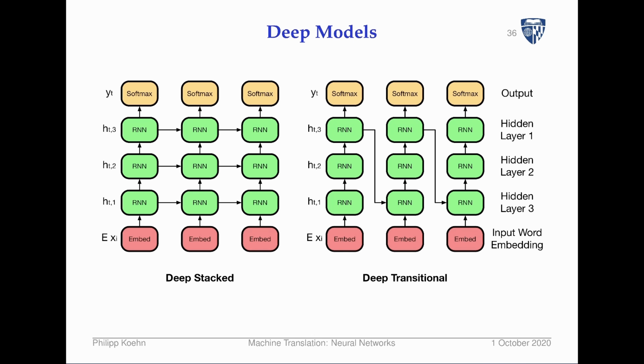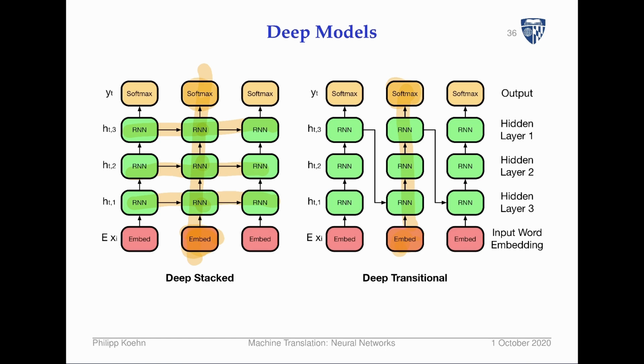So why don't we have more hidden layers? There are various ways you could do this. This is one here. In any case, you're going to go from an input where it's embedding to a prediction now over various hidden layers. That doesn't change. But then the question is, how are the hidden layers connected to each other? They could be horizontally connected. This is called a deeply stacked deep model.